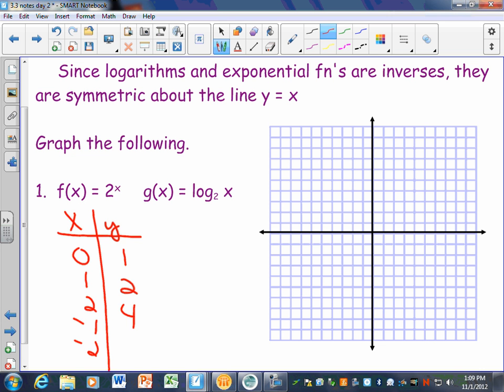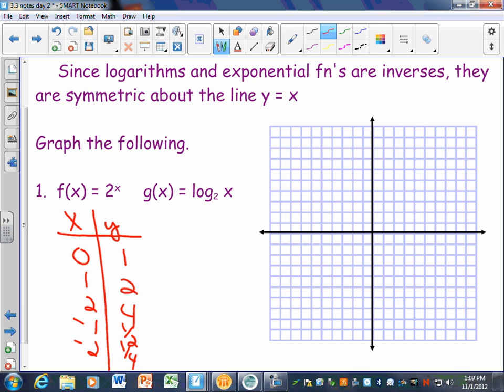What happens when I plug negative numbers into an exponential problem? Do I get negative numbers for my y values? You get fractions, right? This is where this goes hand in hand with logarithms. Negative numbers in an exponent does not equal negative numbers. The negative exponent actually equals 1/2. You plug negative 2 in there, that's 1 over 2 squared, that equals 1/4.